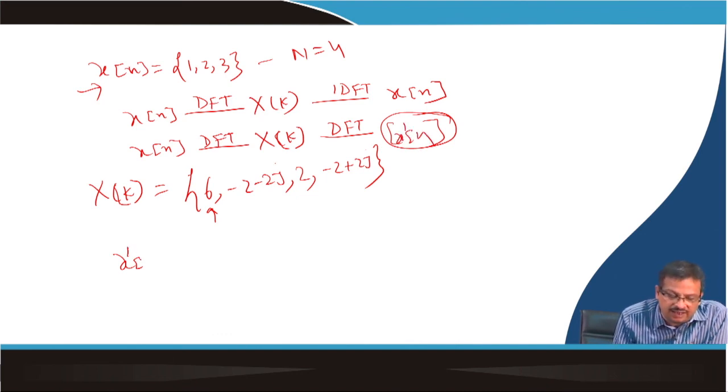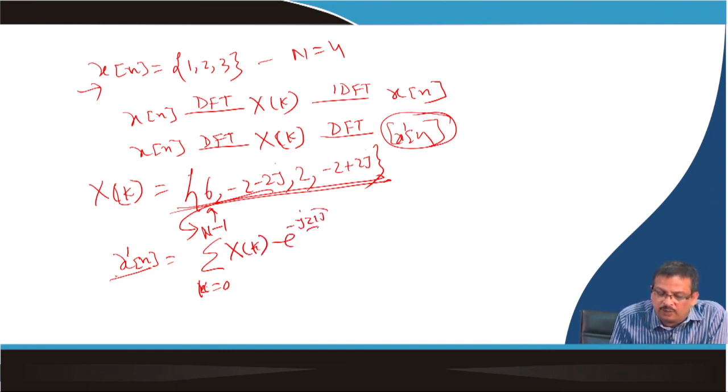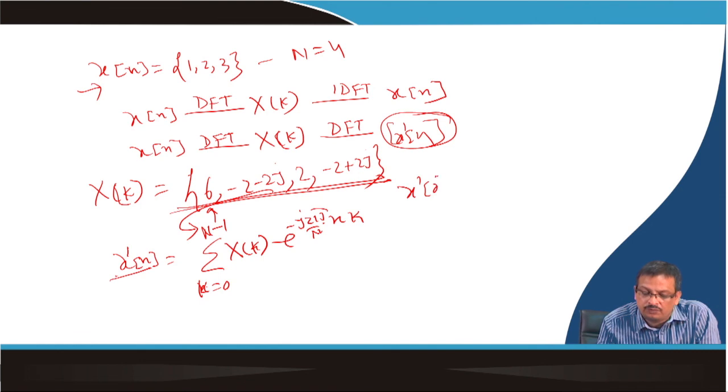So let's say I am considering this as a signal, and this is another signal. So let's see, this signal is transformed by the DFT. So sum over k equal to 0 to N minus 1, X[k] e to the power minus j 2 pi by N into nk. So what is the value of x prime[0]?